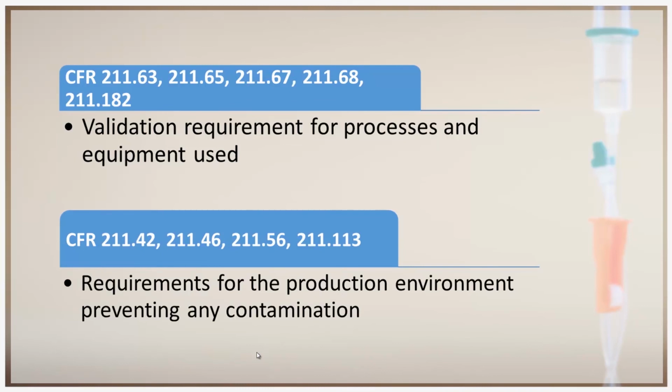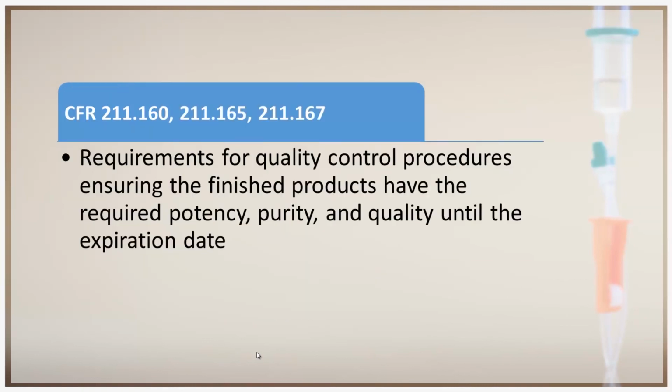Next, subsections 42, 46, 56 and 113 explain the requirements for the product environment, preventing any contamination. Subsections 160, 165 and 167 explain the requirements for quality control procedures ensuring the finished product has the required potency, purity and quality until the expiration date is reached.